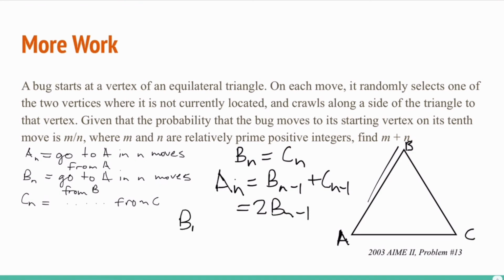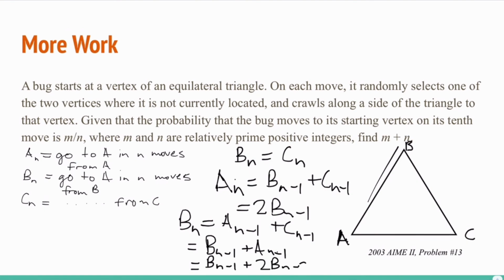Also, b of n equals a of n minus 1 plus c of n minus 1 by similar reasoning for a of n. And this equals b of n minus 1 plus a of n minus 1, which equals b of n minus 1 plus 2b of n minus 2.